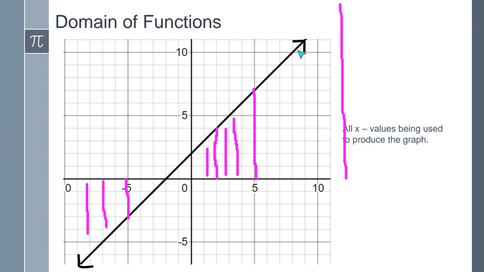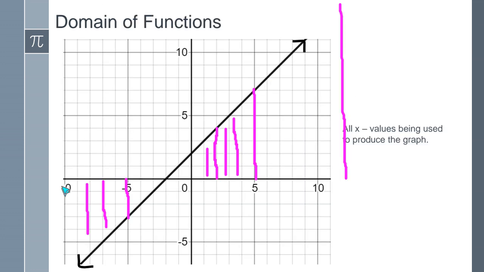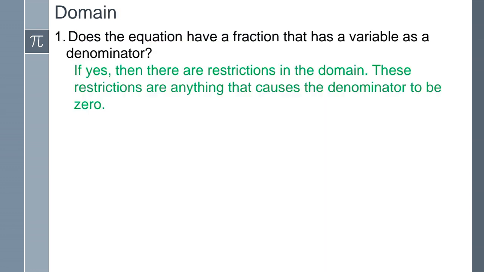Okay. So all these x values are being used to create my graph here. So that would be your domain. So your domain would be all these x's are being used. Okay. But we don't always have a graph. So when you don't have a graph, then you want to ask yourself these questions.